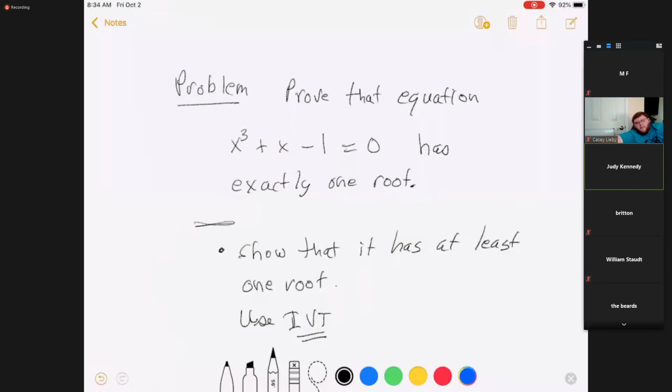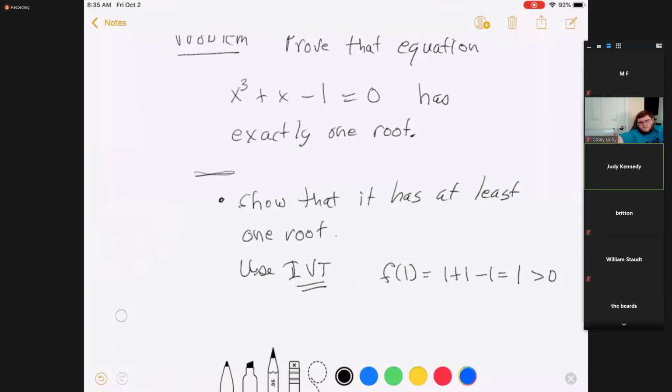So let's look at f of 1, which is 1 plus 1 minus 1, which is plus 1, and that's greater than 0. f of 0, on the other hand, is 0 plus 0 minus 1, which is minus 1, and that's less than 0.